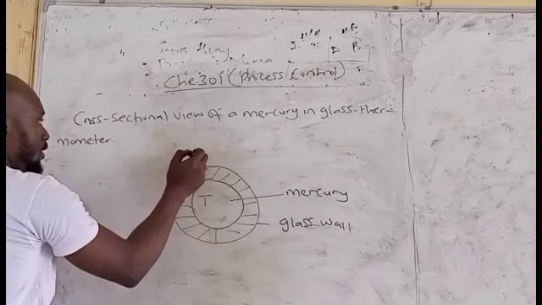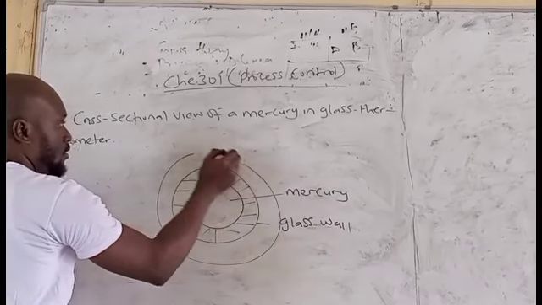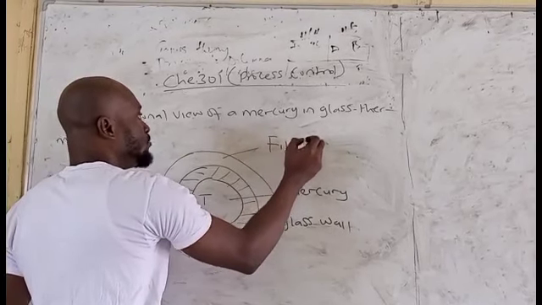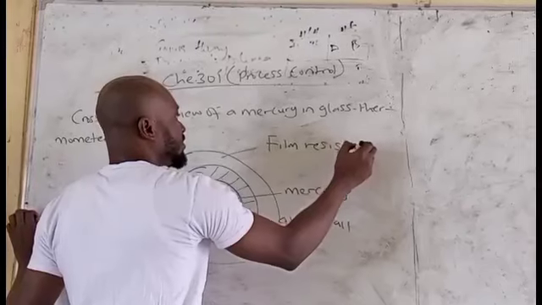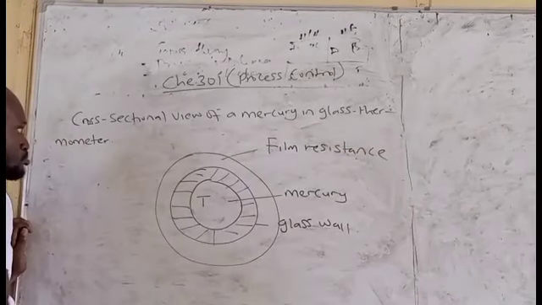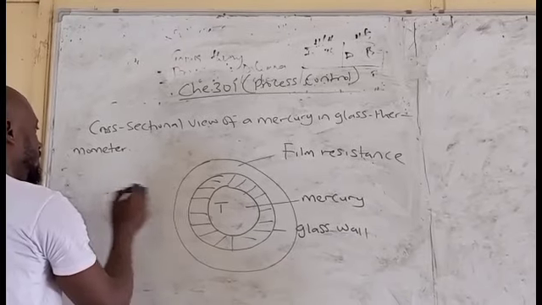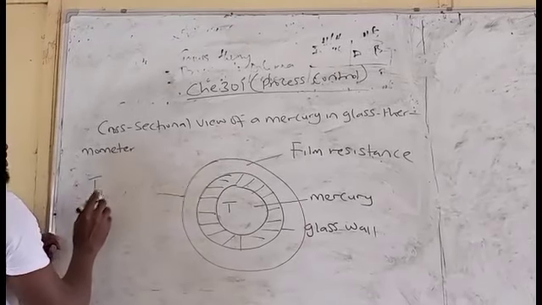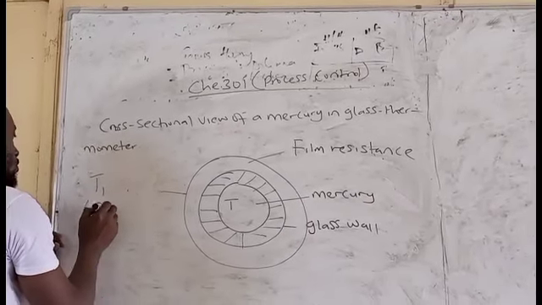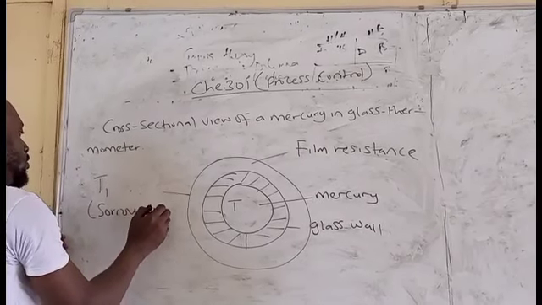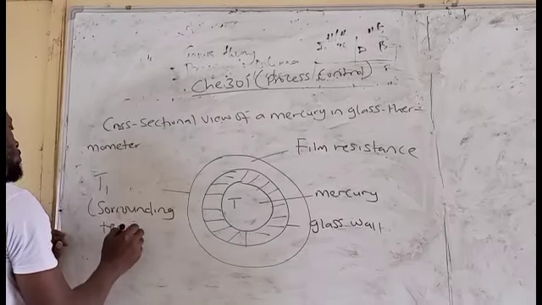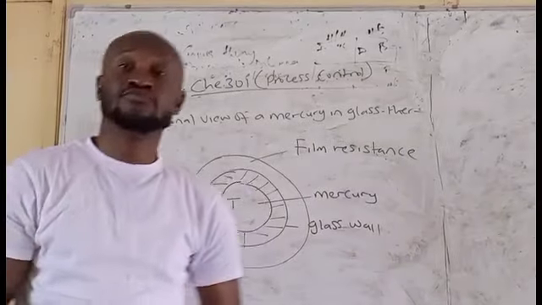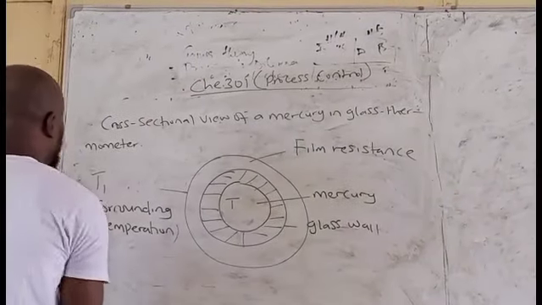Now this one is our film resistance. Then from here, the outside one is T1. Let's say T1 is the surrounding temperature, just like the temperature of the atmosphere. So the surrounding temperature, which is T1.